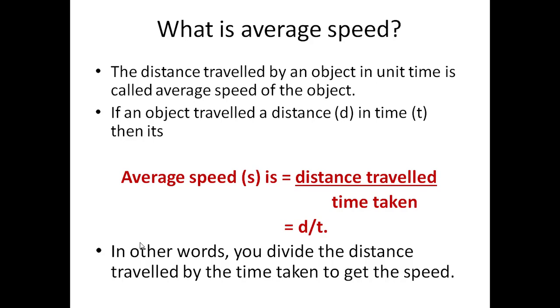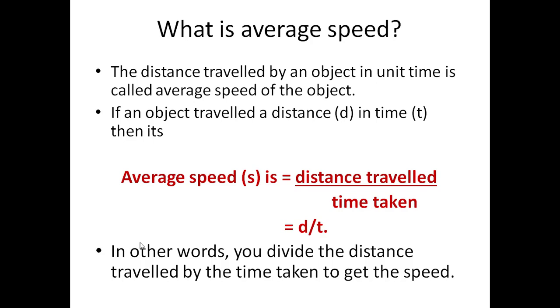What is average speed? The distance traveled by an object in unit time is called the average speed of the object. If an object traveled a distance d in time t, then its average speed s is equal to distance traveled divided by time taken, that is d by t.